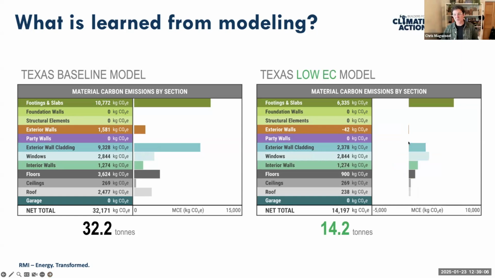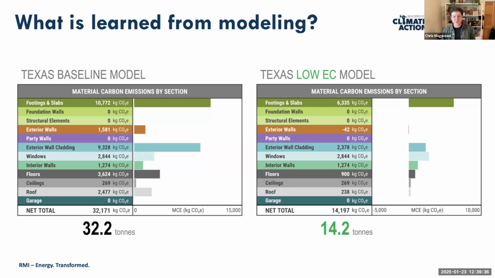But there were also a few builders in that group whose natural inclination produced what we call the happy accidents, because none of these builders set out to be either high or low embodied carbon. They just chose their products based on all the other criteria they have. It just so happens that the happy accident model is around 14 tons, less than half of the baseline model.